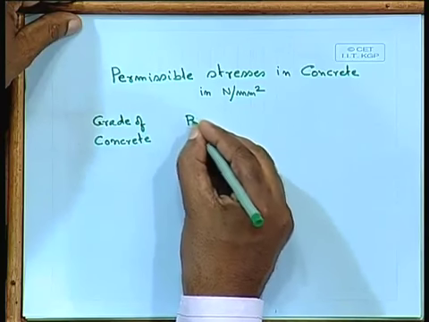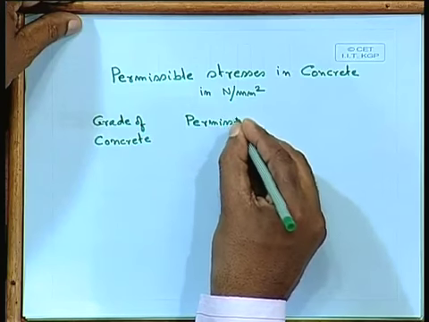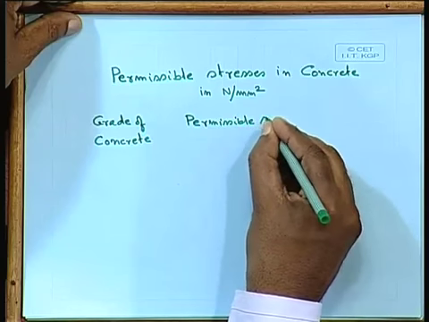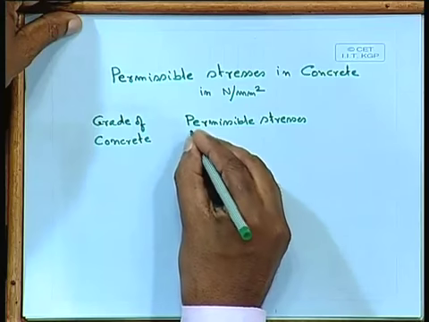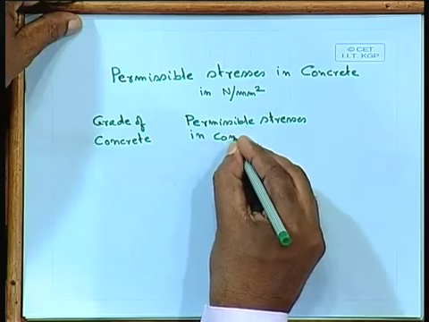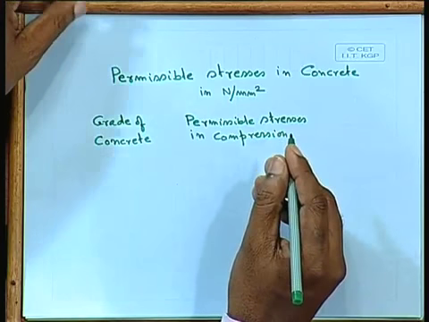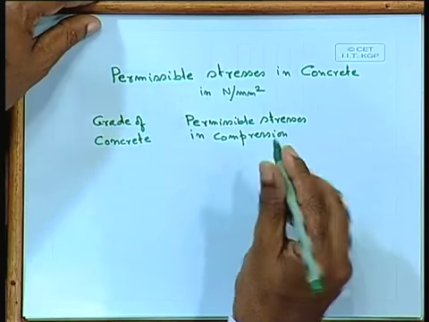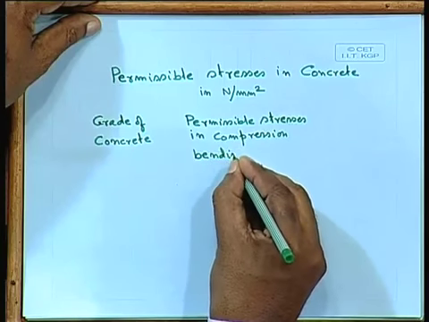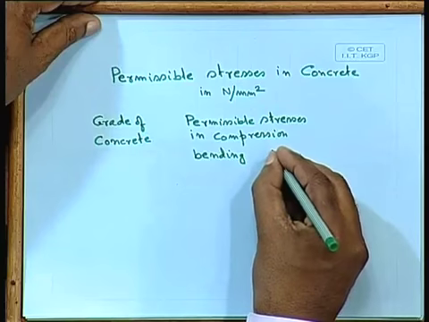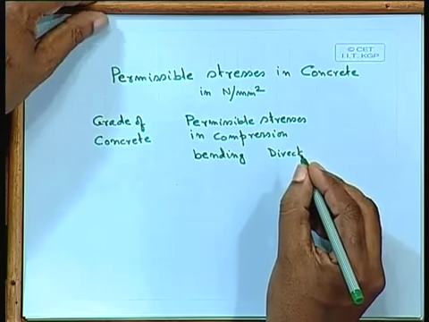Permissible stresses in compression have two parts. One is bending, another one is direct. One is called bending, another is called direct.